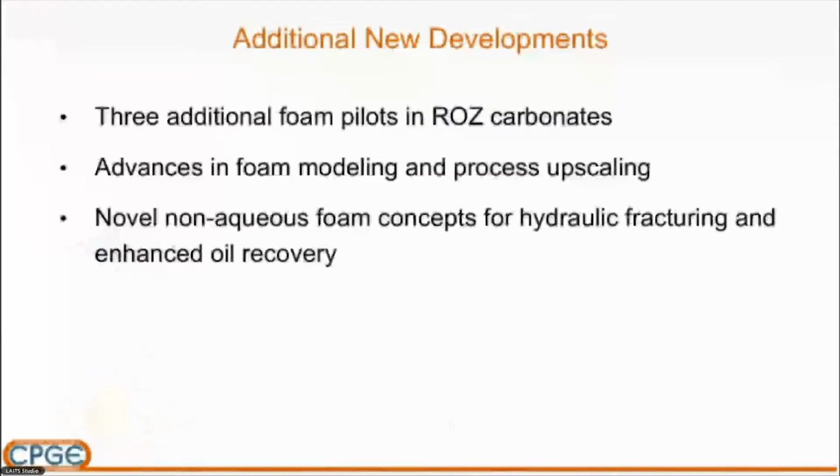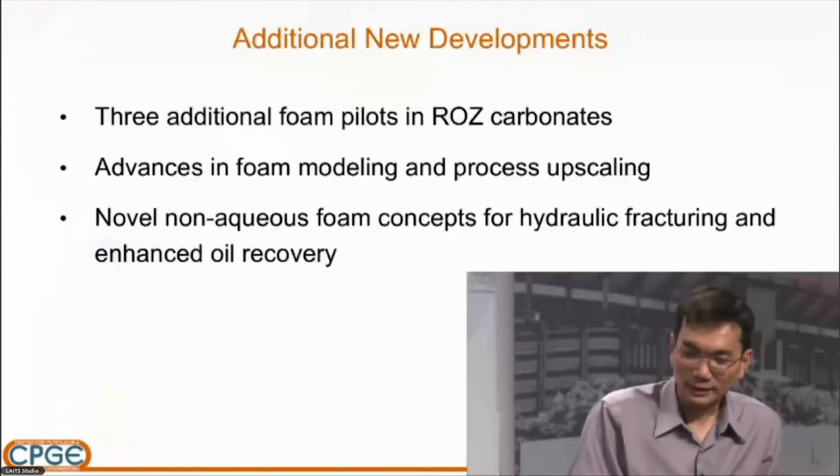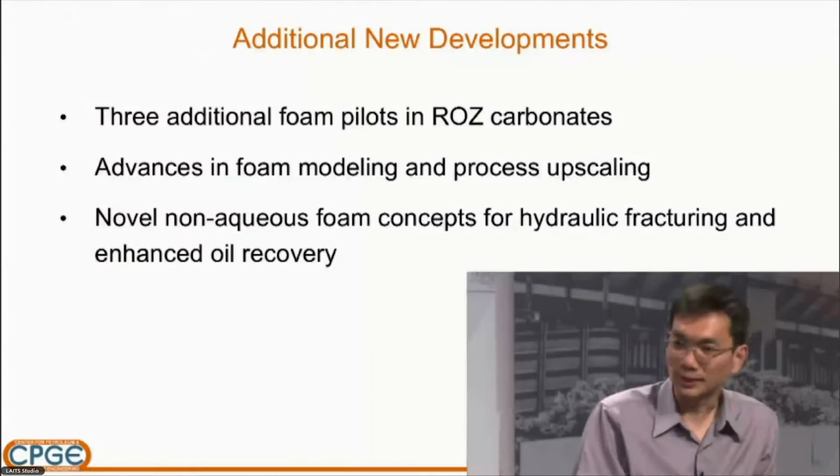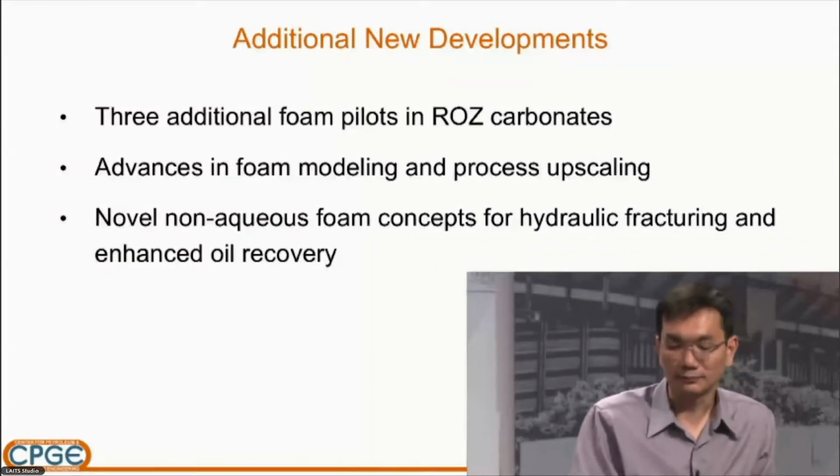Answer is in the PowerPoint. So the question is that without CO2 as a gas, we're talking about different types of gases. Nitrogen, hydrocarbons, other gases besides CO2. That's what I mentioned, that foam can be made by a dispersion of a gas into a surfactant solution. And you can use any type of gas. It can be nitrogen, can be CO2, can be hydrocarbon gas.